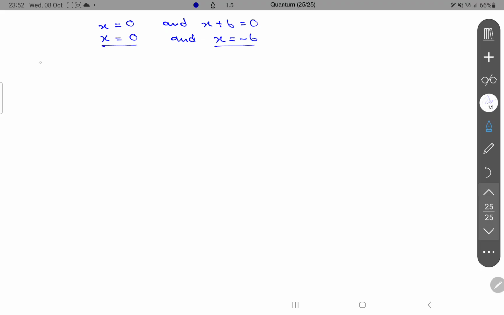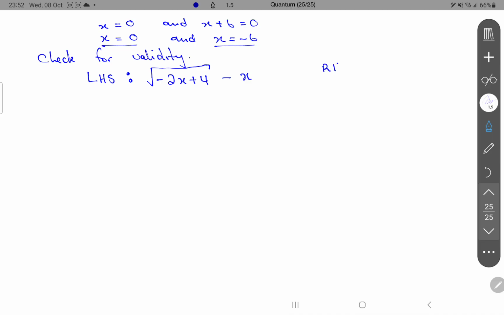But we check for validity. So check for validity of the answer. We look at the left-hand side of the question. It had the square root of negative 2x plus 4, minus x.